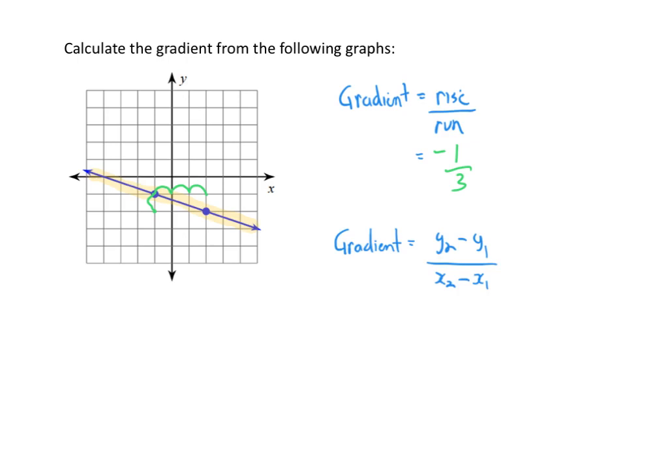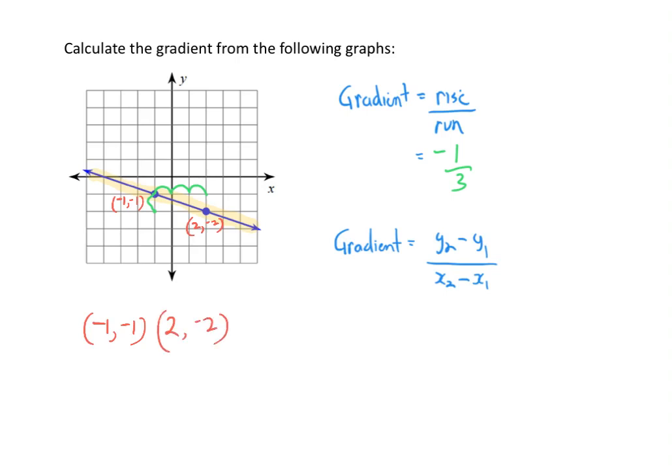So using the points provided to us on the graph, my first point would be -1, -1. My second point would be 2, -2.